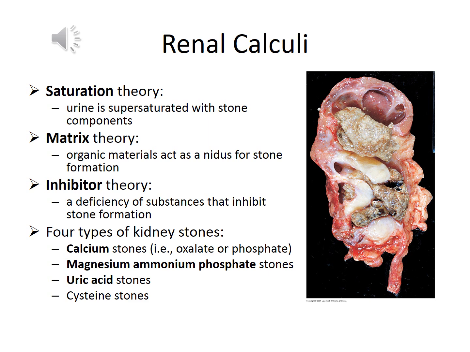One is the saturation theory. Much like you saw in chemistry, if you get excess solute concentration of things like calcium, magnesium, ammonium, uric acid, you're going to reach saturation, and you're going to start precipitating. The other thing included in that saturation theory is that there's probably some organic material that acts as a starter for that stone, kind of the nidus for the stone formation.